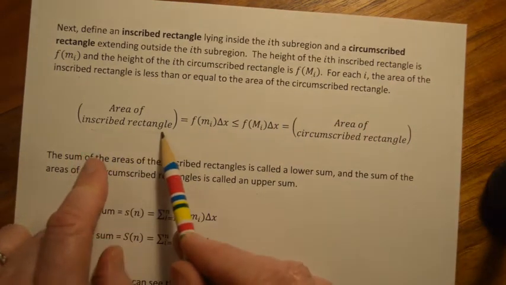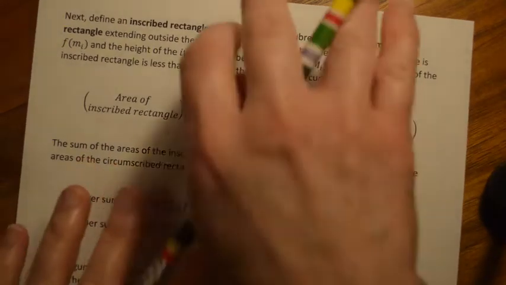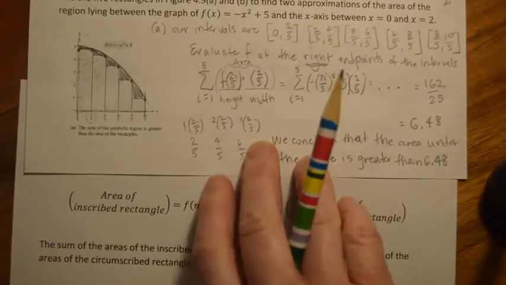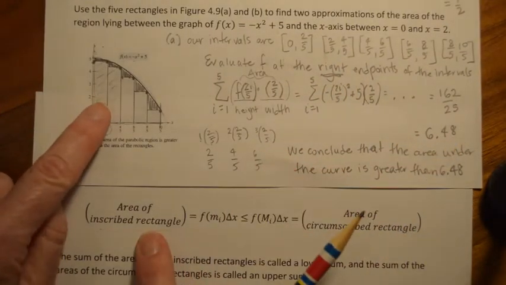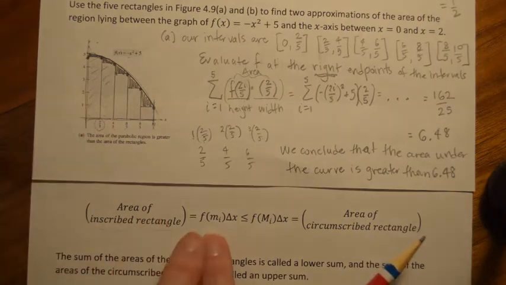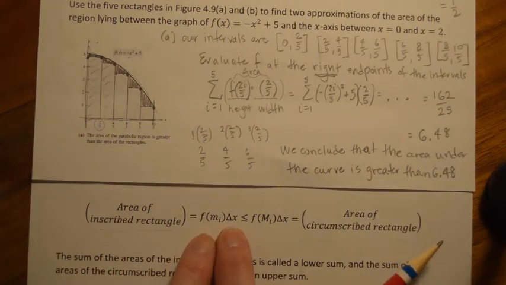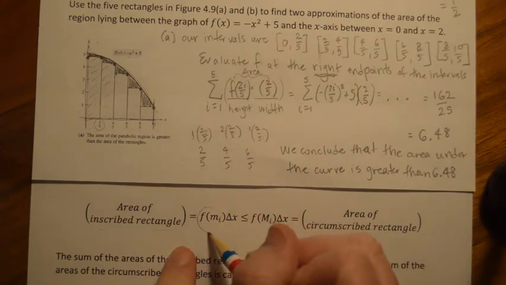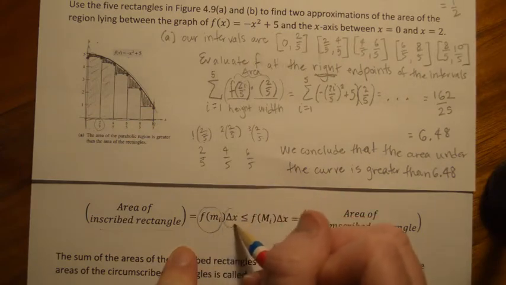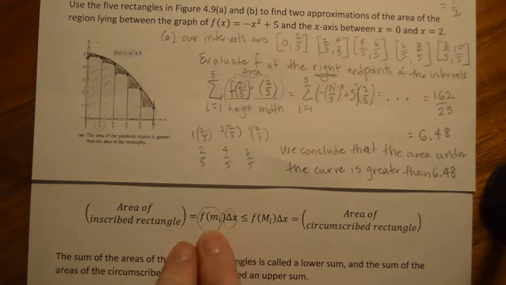So the area of our inscribed rectangle is f of lowercase m sub i times delta x. Again, this is the height of the rectangle, and this is the width of the rectangle, so that makes the area when we multiply them together.